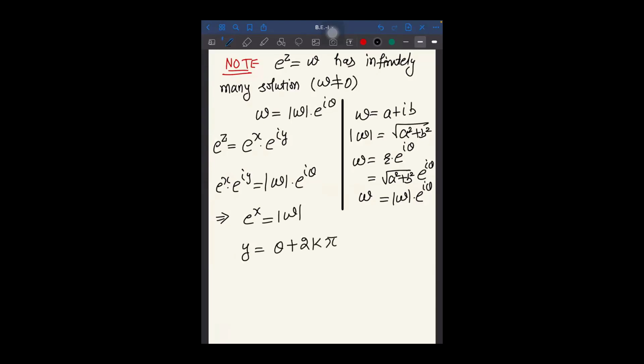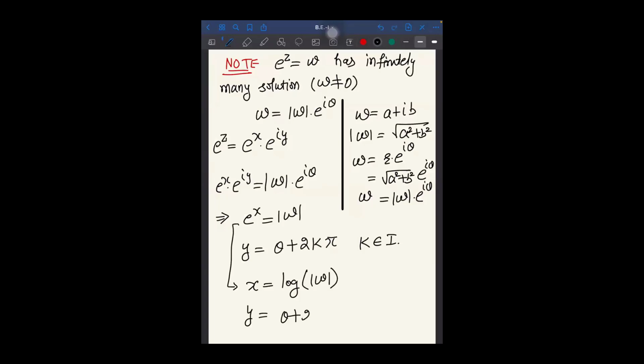Right? Why is it so? Periodic function. Yes. Okay, so k belongs to the integers. So it has to be there. Basically, if you solve it, x is equal to log of mod of w, and y is equal to theta plus 2k pi.